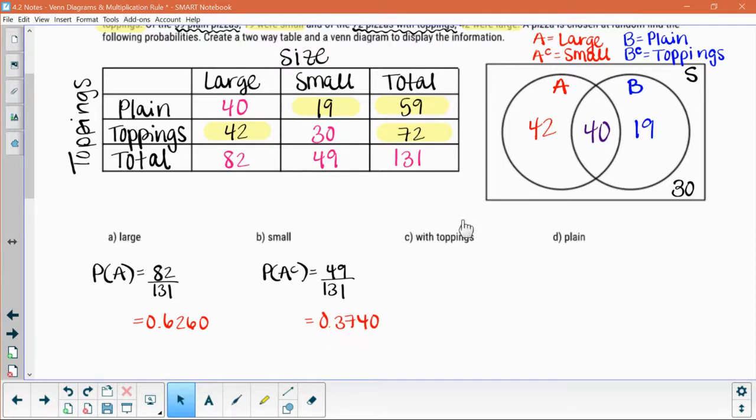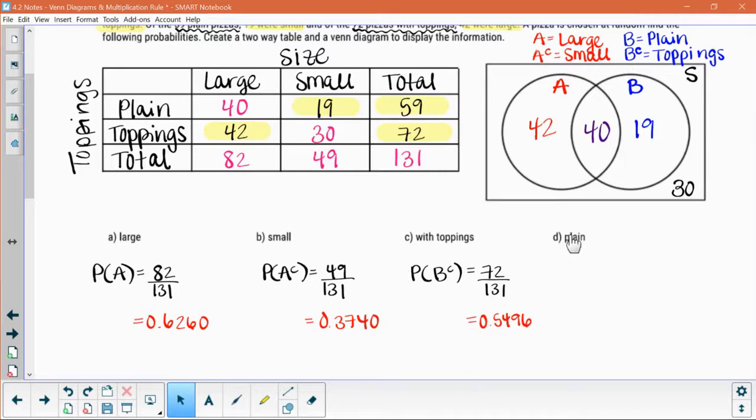0.3740. What is the probability that the pizza has toppings? And I said toppings was going to be B complement. So I'm going to go ahead and look everywhere outside of this circle B. So this 42 plus this 30, which is 72 over 131, which is approximately 0.5496.